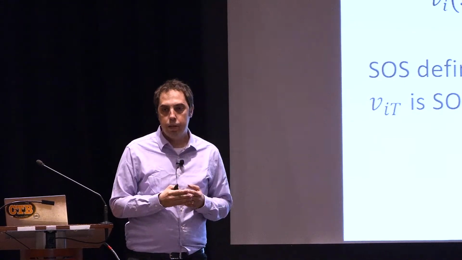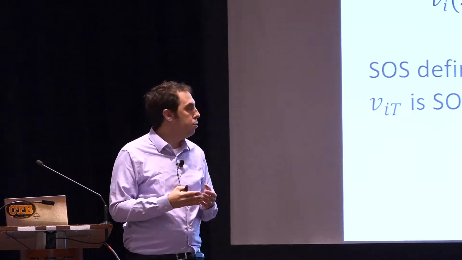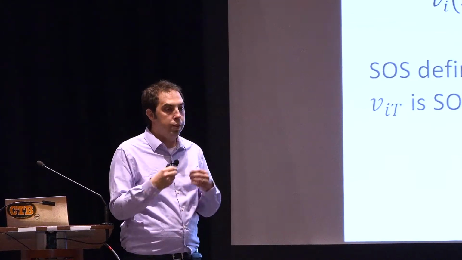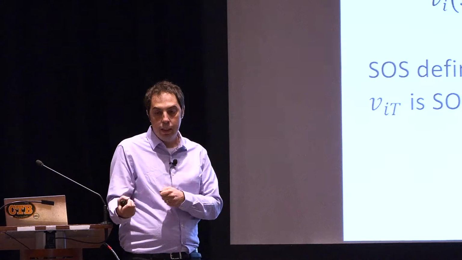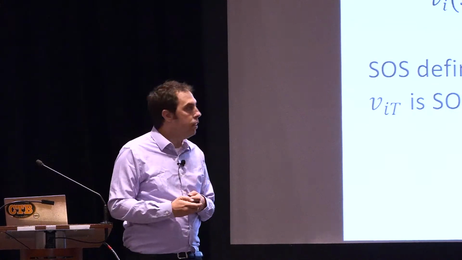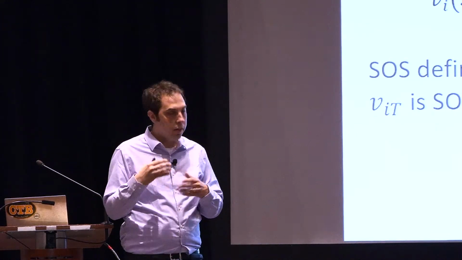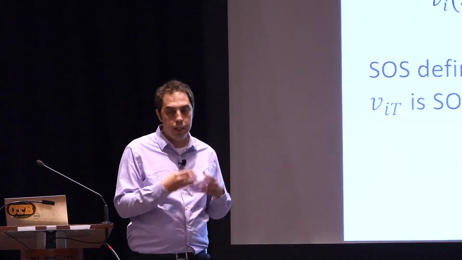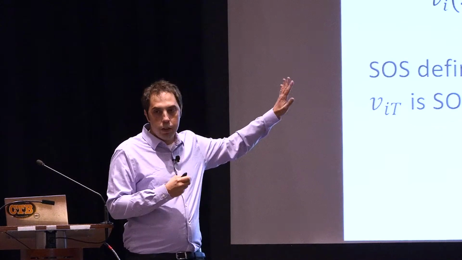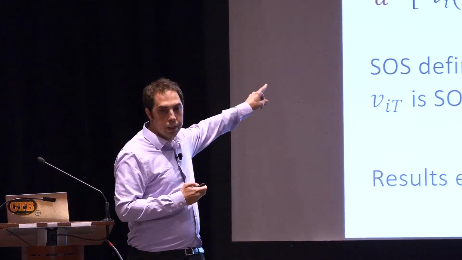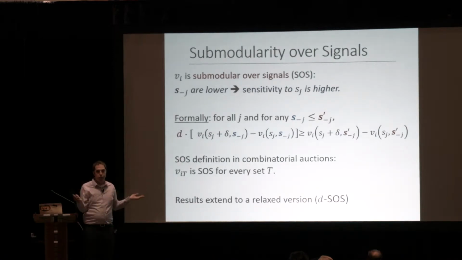And we can extend this definition to combinatorial auctions if we say that a valuation function is submodular if every ViT for every T is submodular. This is a nice definition for another reason: almost all the examples we know in the literature satisfy this. But even if we don't have this property exactly, but only approximately, which is a much richer domain, we can still have some relaxed approximation guarantees.